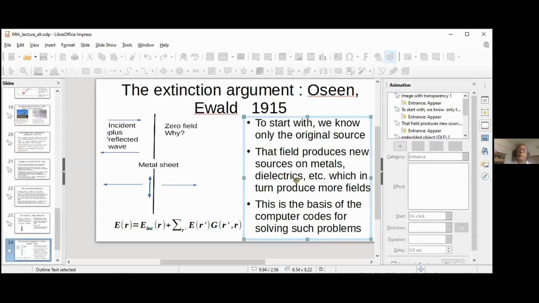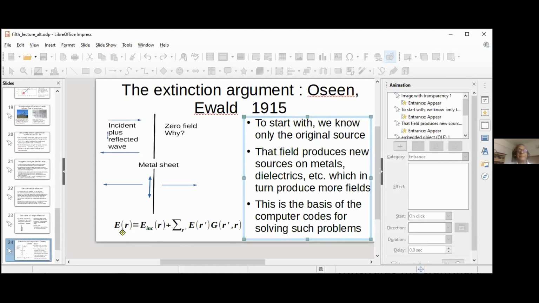At least one of the codes will work that way on the metals or other things, and see if it is self-consistent. So the sources will produce field at other points. Is that the field which you originally assumed? If not, you modify it and so on. So this innocent looking equation actually tells you that. And this is more or less where I'm going to end.